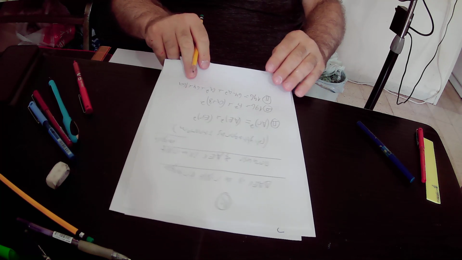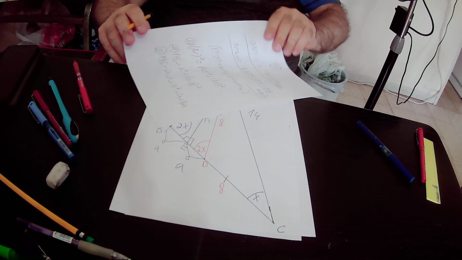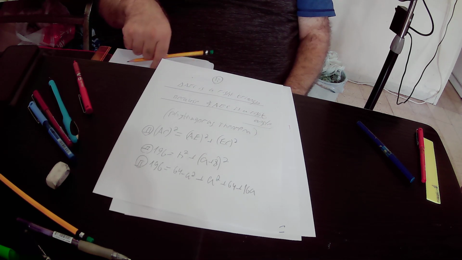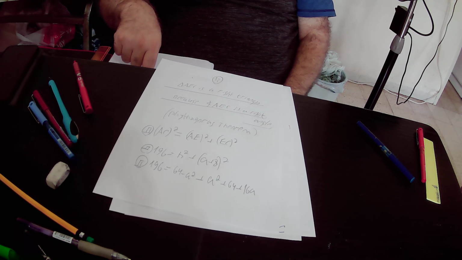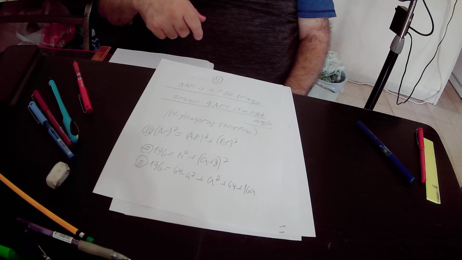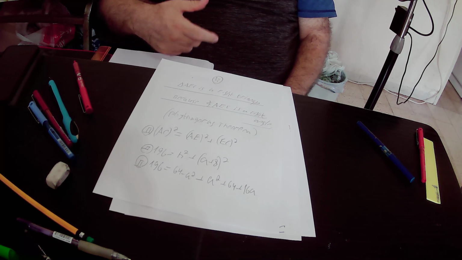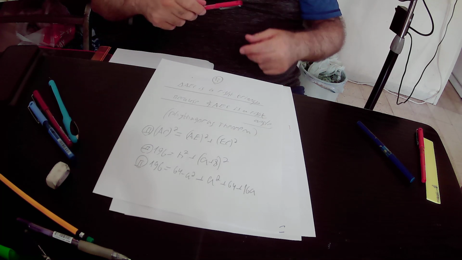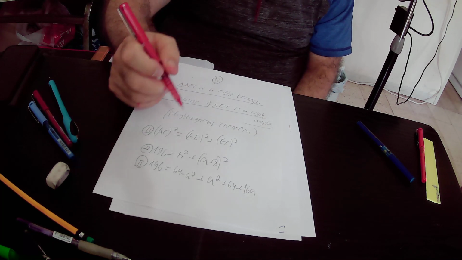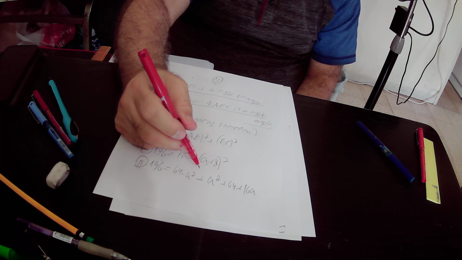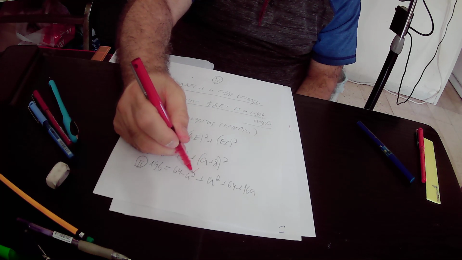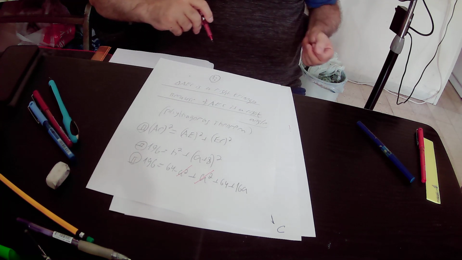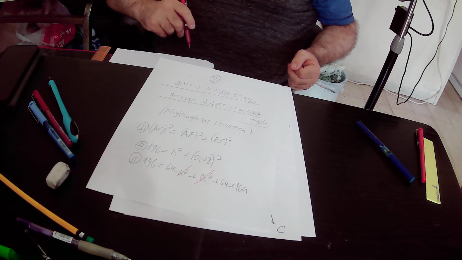So in total we got that 196 equals 64 minus a squared plus a squared plus 64 plus 16a. Minus a squared plus a squared is 0, so a squared is cancelled. And 64 plus 64 is 128.